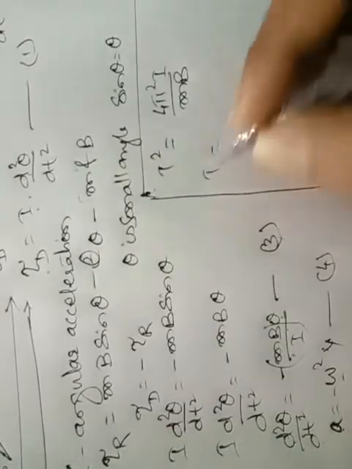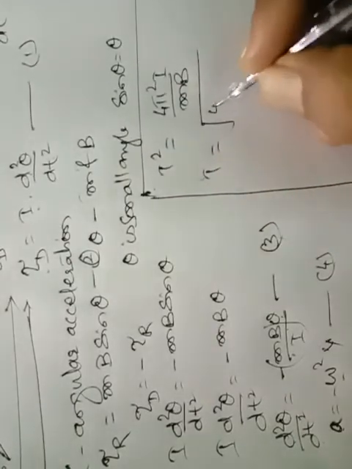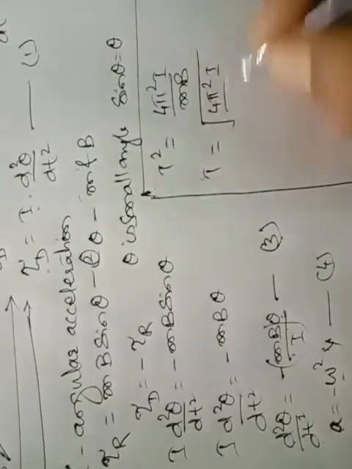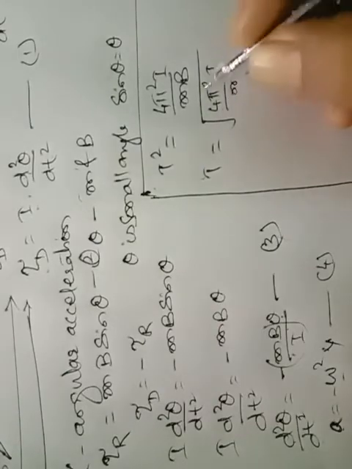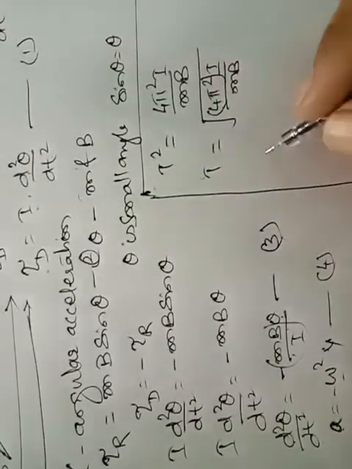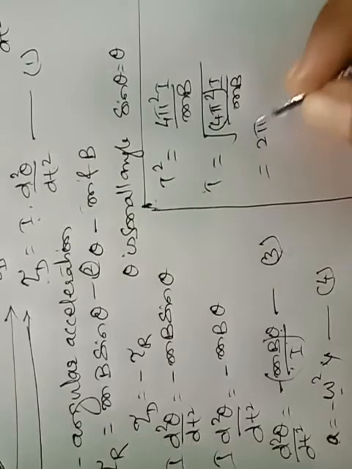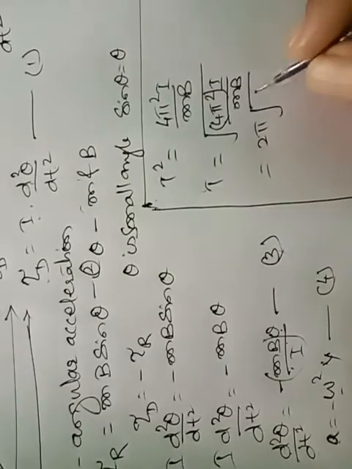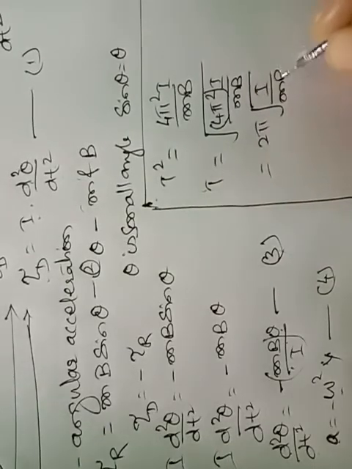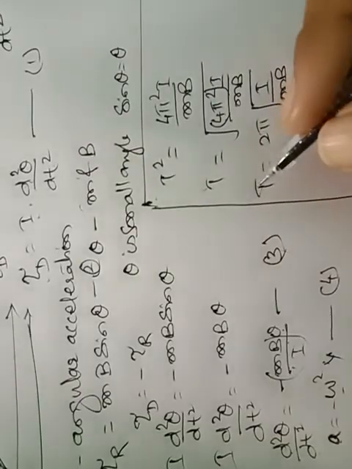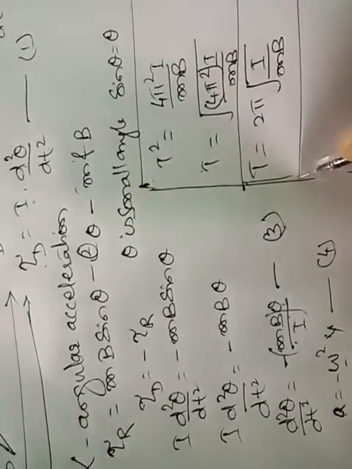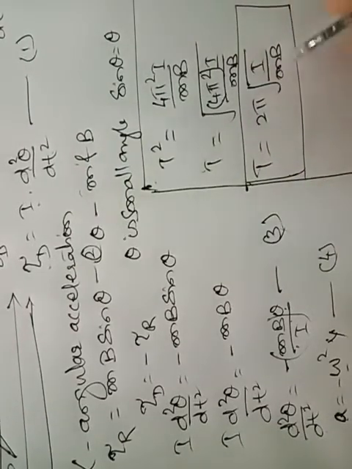Taking the square root on both sides, 4 pi square becomes 2 pi, and T is equal to 2 pi into the square root of I divided by mB.